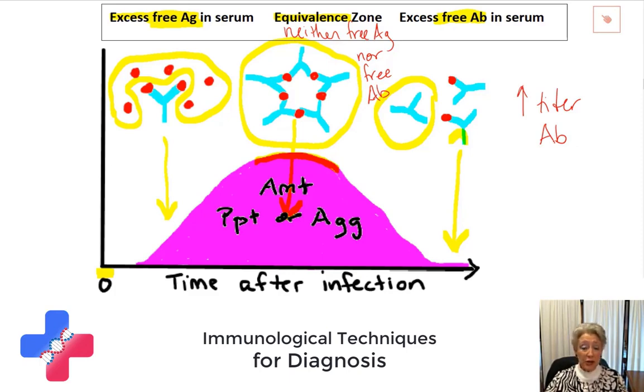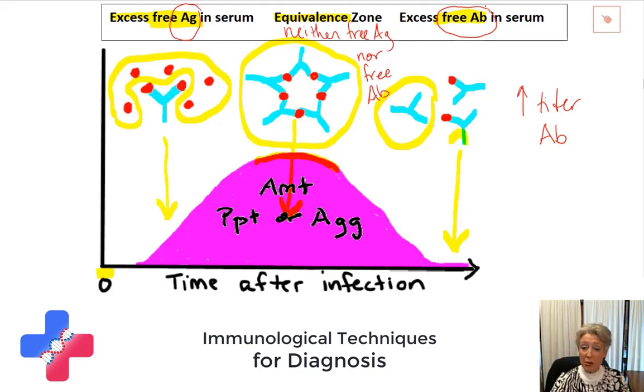And so realize that when I'm thinking about trying to diagnose a condition in a patient, if I'm looking for the problem very early on, I'm going to look for an antigen assay to tell me if the pathogen is there. If I'm looking to find out if the person has had this problem before, I'm going to look for a titer of antibody that is elevated.